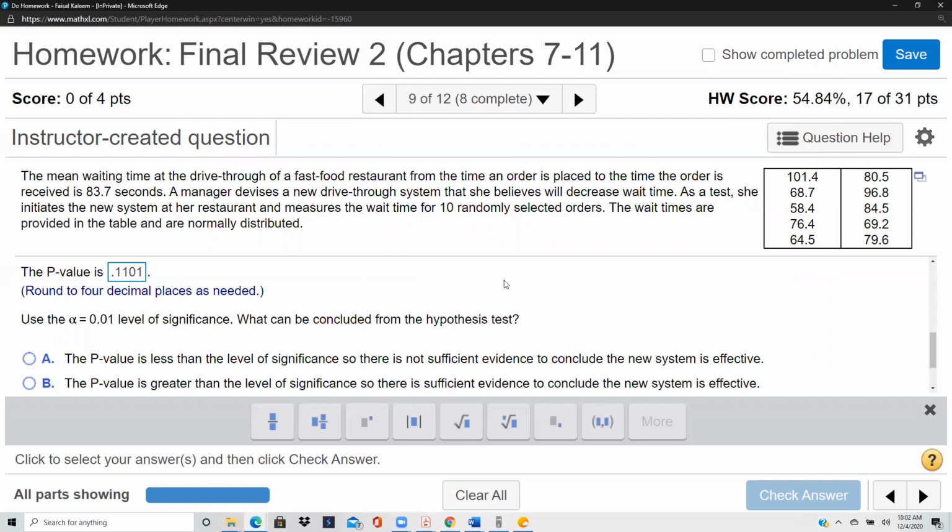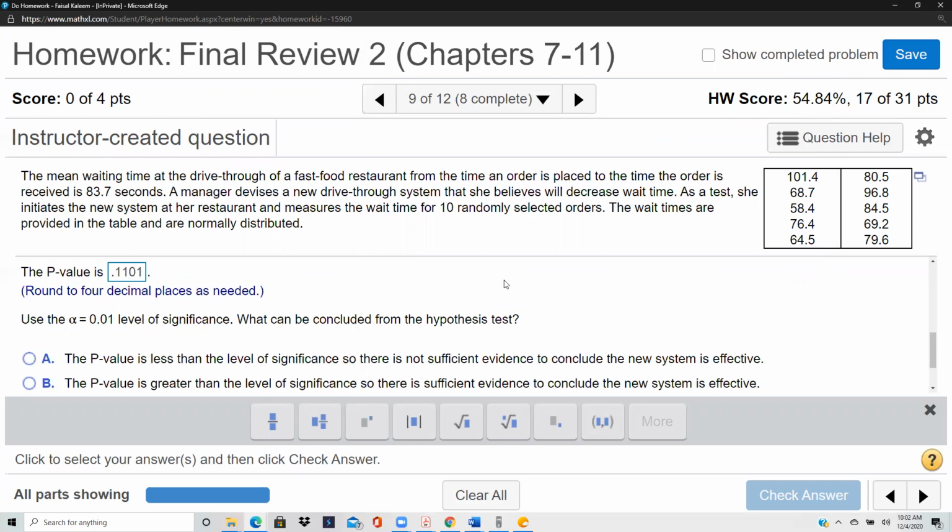Okay, so now let's see if you remember. What's the criterion for the decision? We need to know what alpha is. Well, there is alpha. So what's the rule? Let's review the rule again.